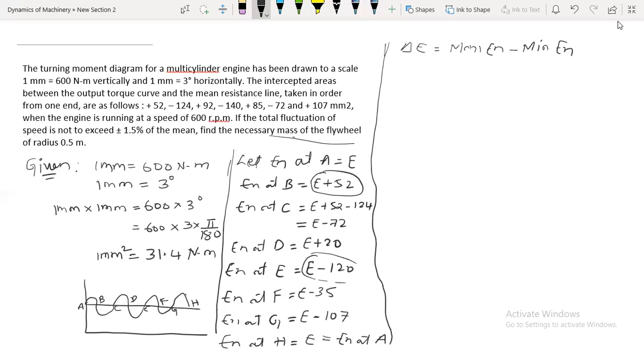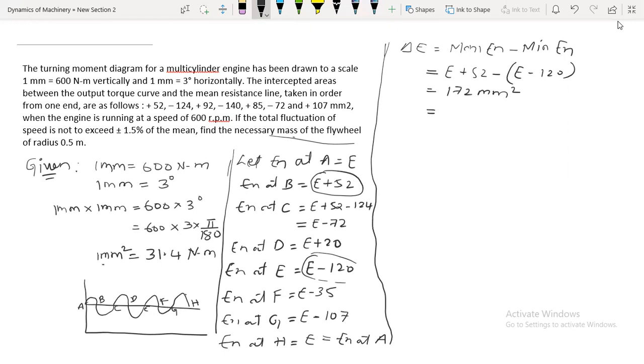Okay, so maximum energy minus minimum energy will give you this maximum fluctuation of energy. So that is E plus 52 minus E minus 120. So E minus E will get cancelled. Then 52 plus 120 will give you 172 mm square. So as I told you, this delta E should be in terms of Newton meter. That means we have to use this data here.